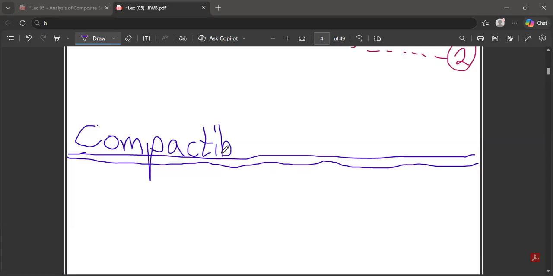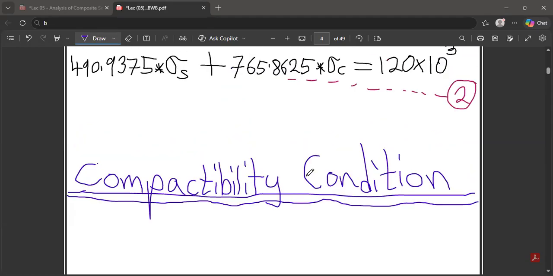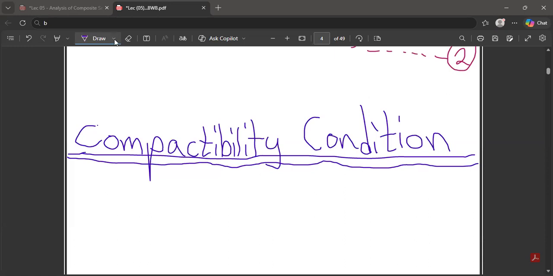Compatibility condition. Okay, so this is the compatibility condition. What did we learn previously?